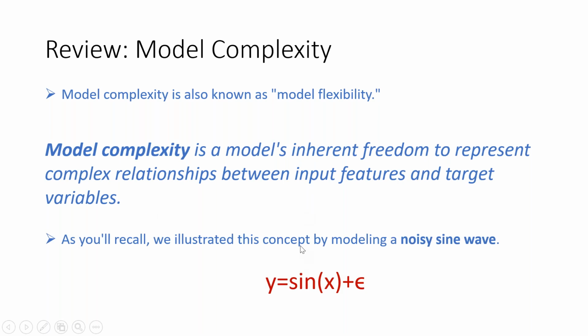Then let us review what we did in our toy project. We illustrated the concept of model complexity by modeling a noisy sine wave. We created a set of values of x randomly, then we ran a sine function on that, and then we added some random noise to that, and created our actual y. This is the target variable, and x is our input feature.